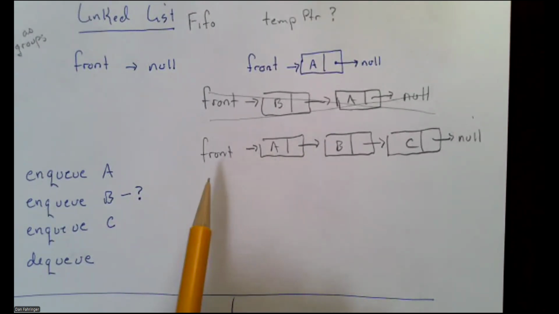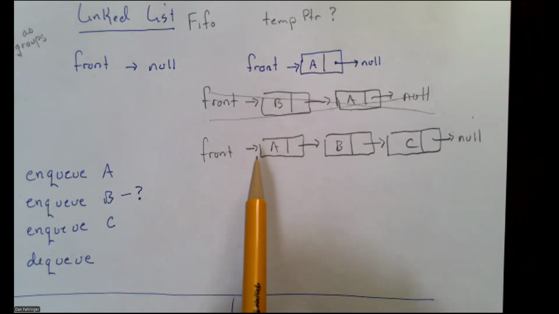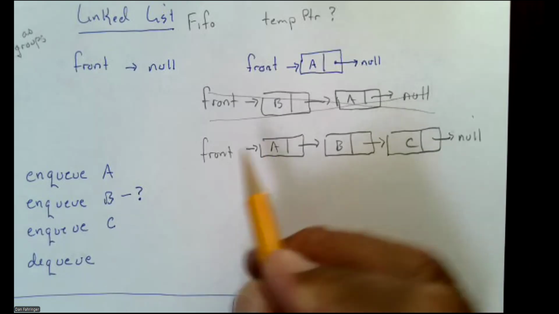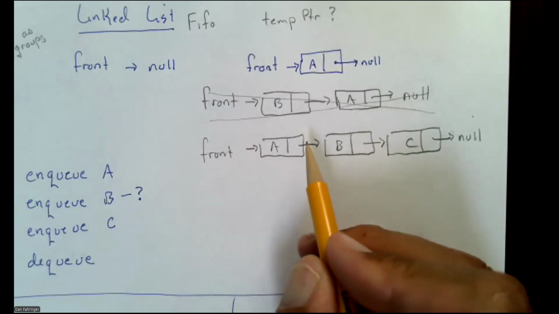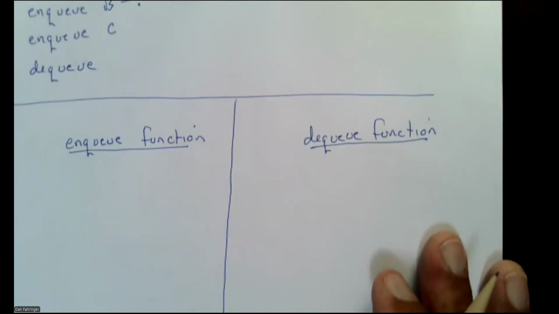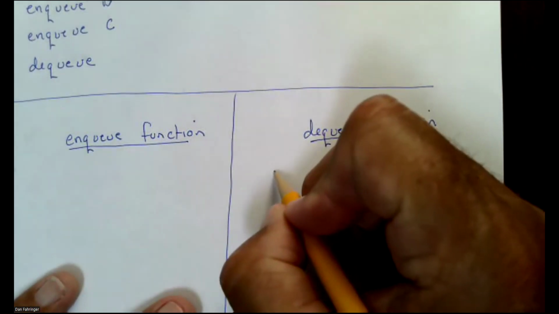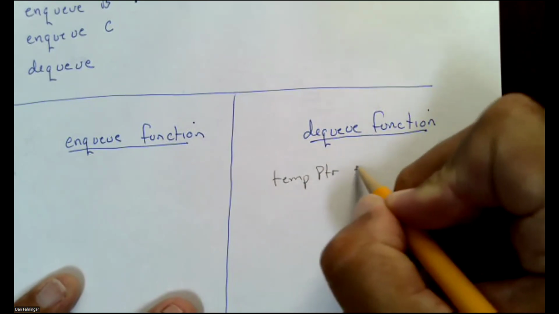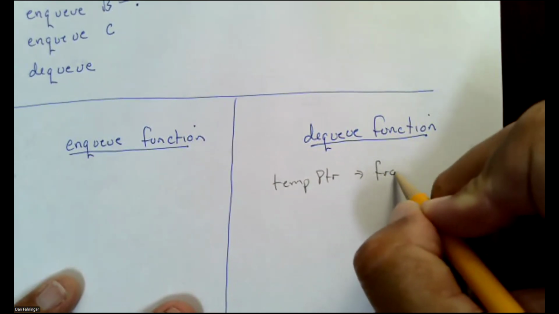So dequeuing is as simple as maybe making a temp pointer to point to A. Front now gets the value of front's next. So in my dequeue, I think we just said temp pointer goes to where front is.